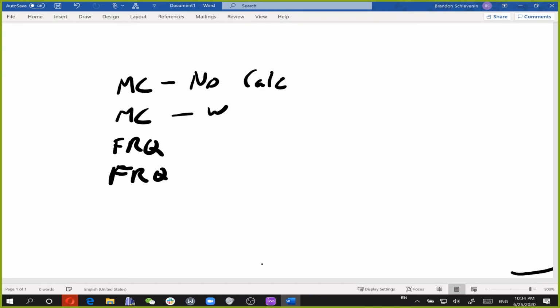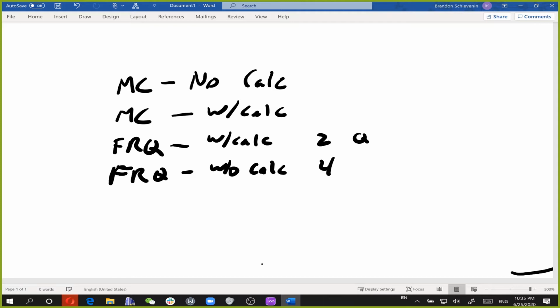Multiple choice section with a calculator. A free response section with a calculator, which is 2 questions. A free response section without a calculator, which is 4 questions.